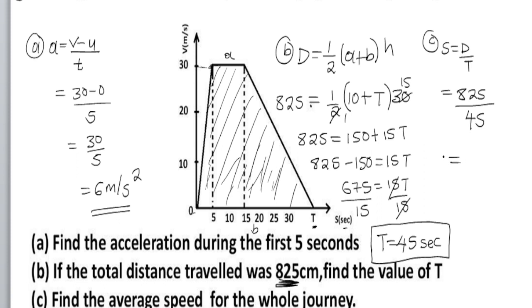Then how many times does 45 go into 825? Now remember, we're not allowed to use the calculator, so you simplify. We can start with 5. 5 into 45 goes 9 times. Then 5 into 825 goes 165.